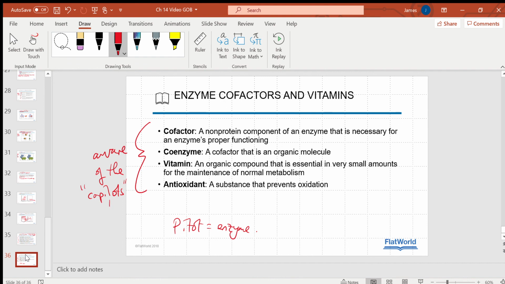So these co-pilots facilitate enzyme function. Okay, so that will wrap this second and I believe final video up for proteins.